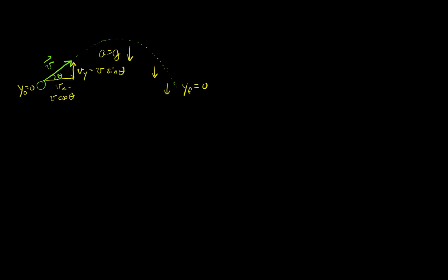So now I can find the time it takes to hit the ground using a position function. y equals y naught plus vy naught t plus 1/2 at squared. My initial and final are both 0. My initial velocity is v sine theta, and that's times t, but it's not plus, because my acceleration is down, so it's negative, minus 1/2 g t squared.